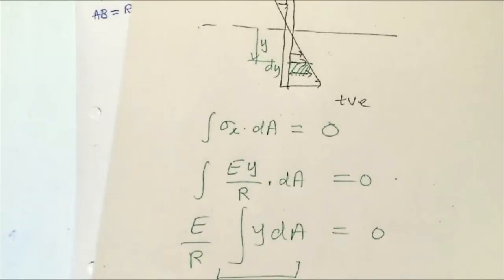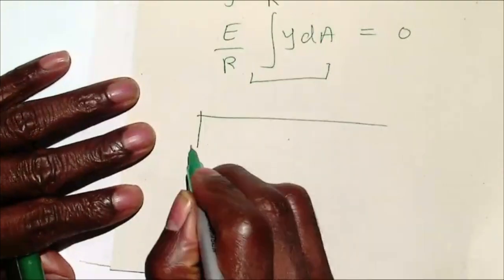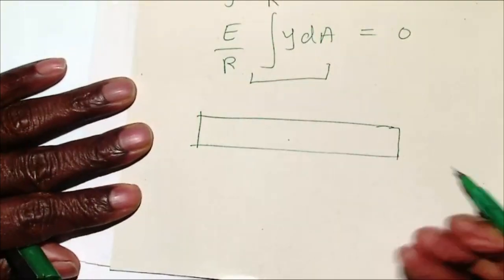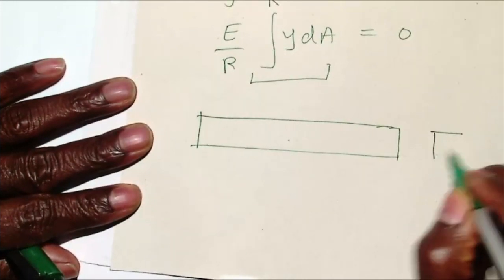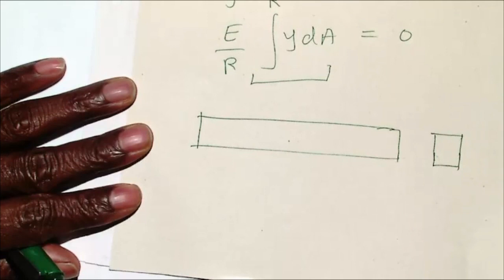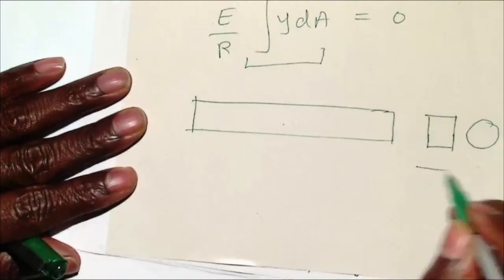If you take this as your beam cross section, let me draw it here again. So we have a beam, which is like that. That beam has a cross section through here. Let me say the cross section here could be rectangular, could be circular, it could be an I-beam.